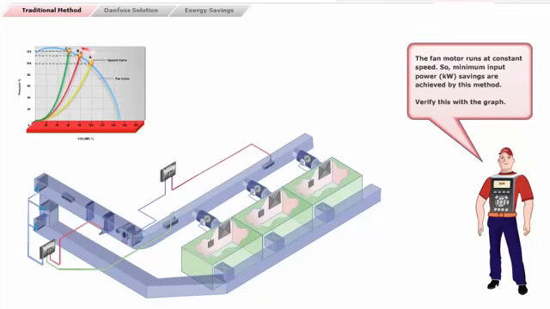The fan motor runs at constant speed, so minimum input power savings are achieved by this method. Verify this with a graph.